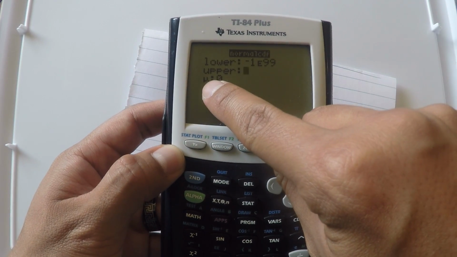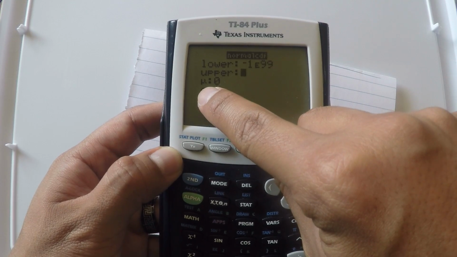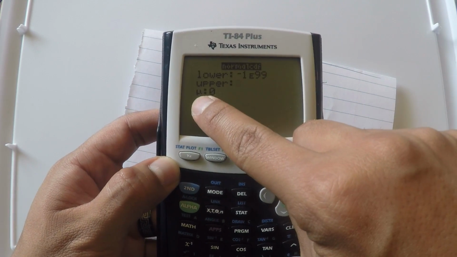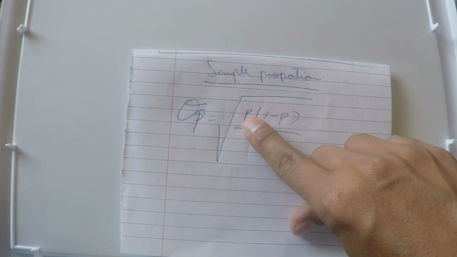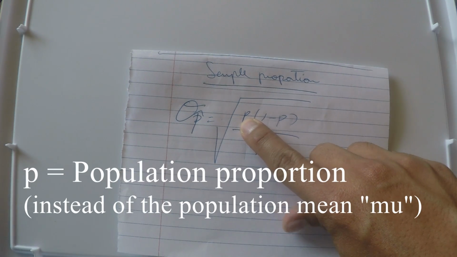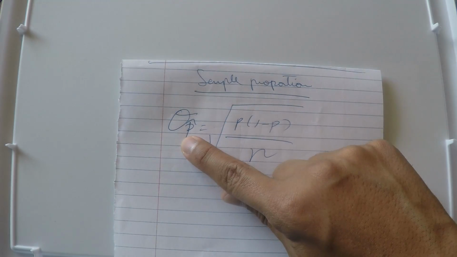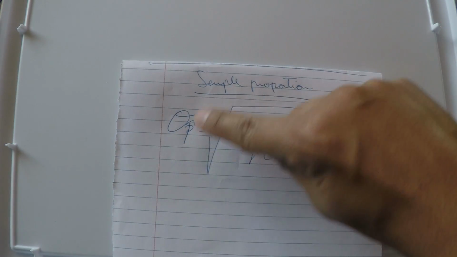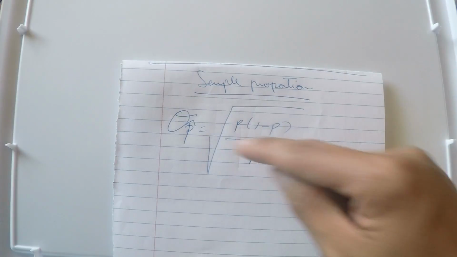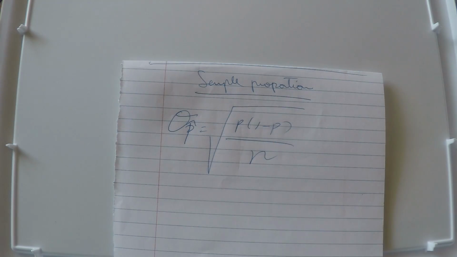Now, we're still using the same steps on the calculator, but this mean right here is actually going to be the population mean that they have provided us with. And the sigma right here is actually going to be this value that we have calculated, the new standard deviation. Once you have that, you will be able to calculate the proportion of the sample.